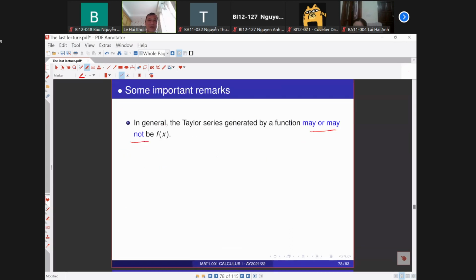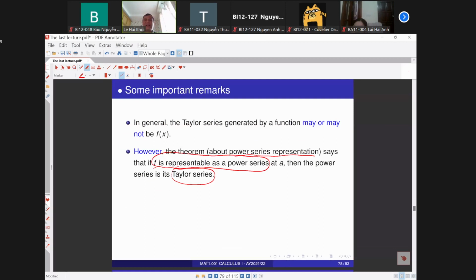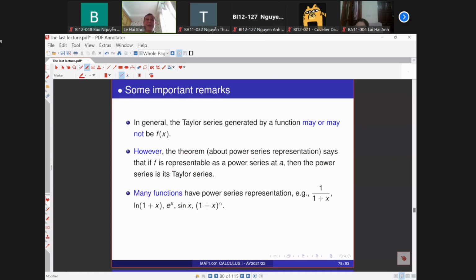If you have representation, then Taylor series and power series of F are the same. Many functions have power series representation, có nghĩa là rất nhiều hàm có biểu diễn dưới dạng power series. Cho nên những hàm này, Taylor series của nó với biểu diễn này là giống nhau, tức là Taylor series hội tụ tới chính hàm đó, bởi vì nó có representation rồi.